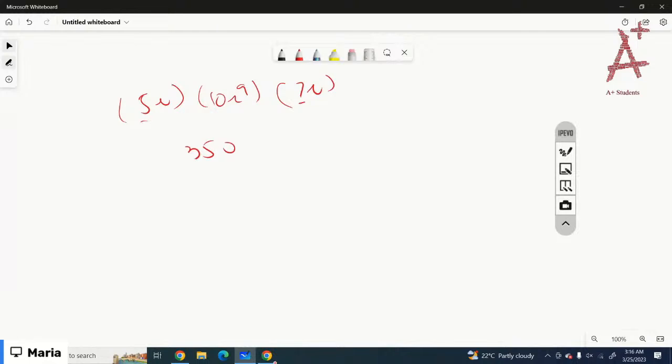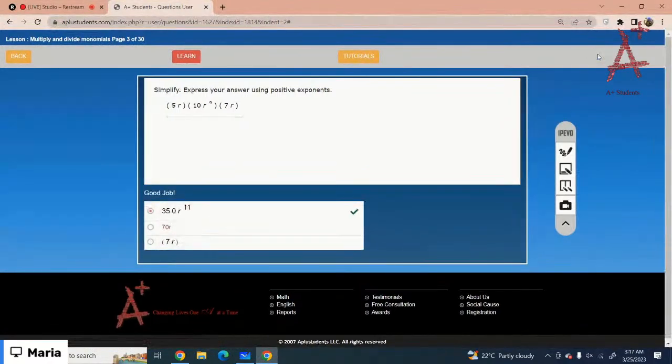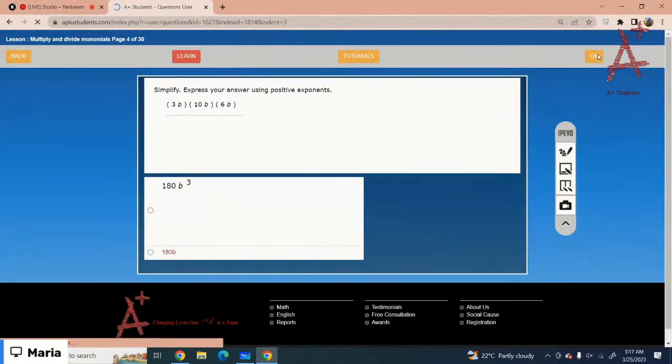Now you are going to add the powers of the variable. Here you have 9, and here you have 1 and 1. So 9 and 1 is 10, and 1 is 11. So it would be 350r11. The correct option is option number 1.